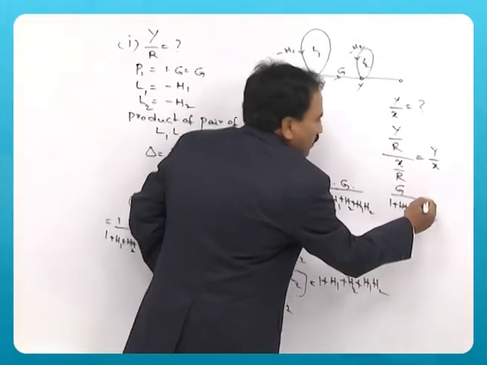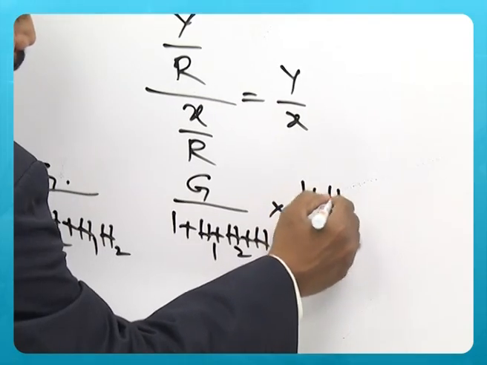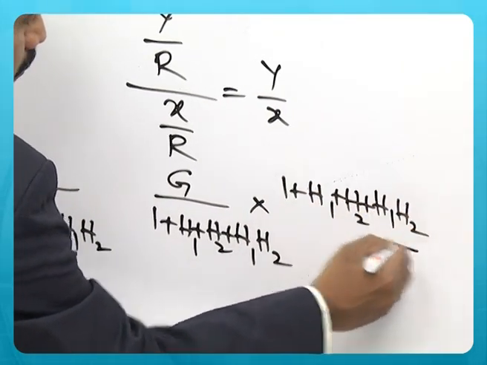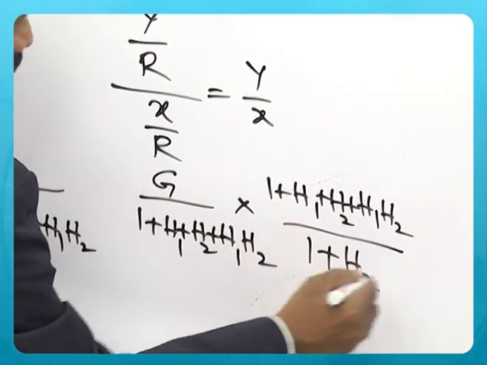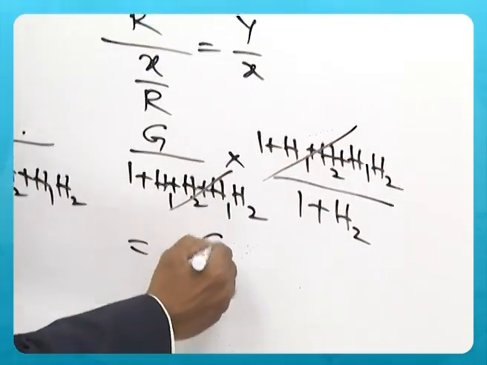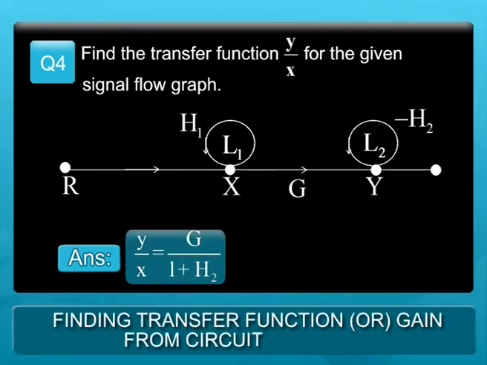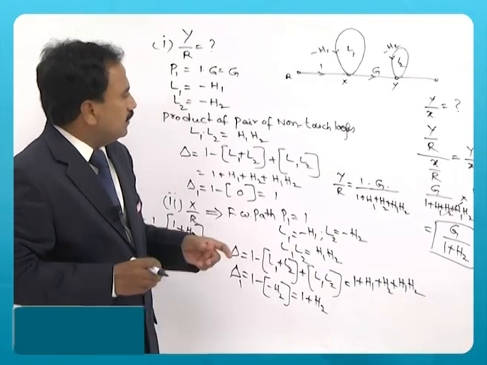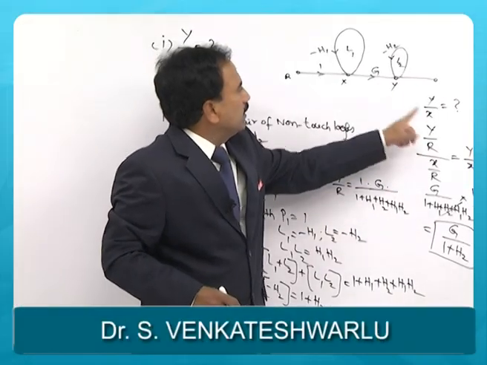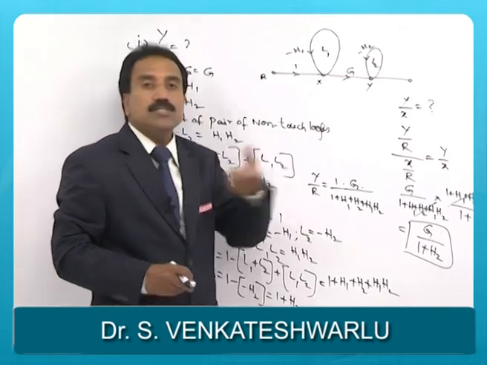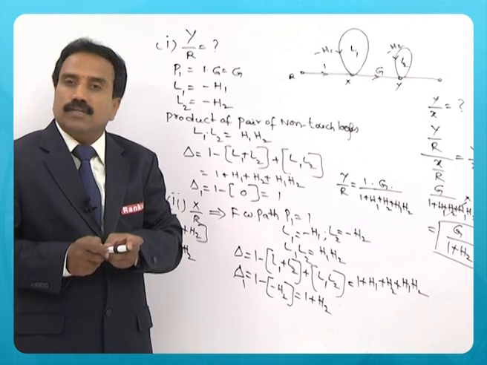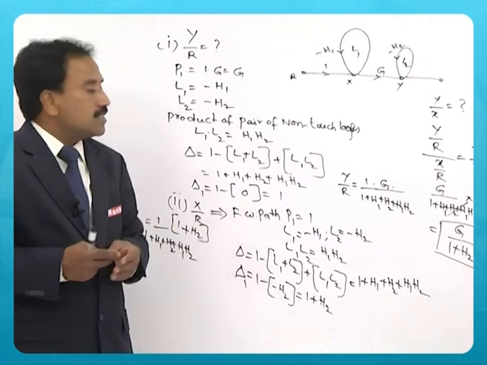So it comes in reverse, and the common factor gets cancelled, and g by 1 plus H2 is the overall gain between y and x. So this way also the question may appear, on how to find out such gains using Mason's gain formula.